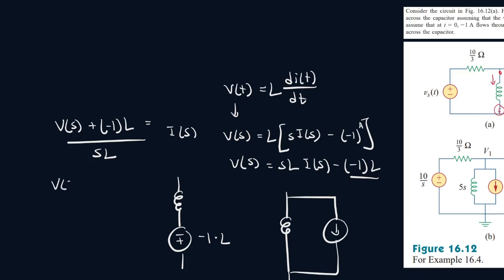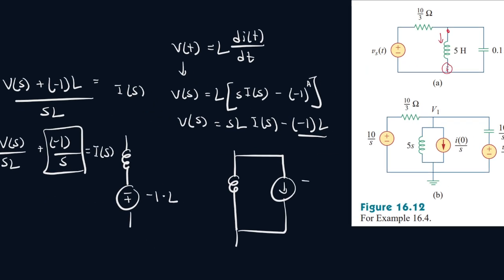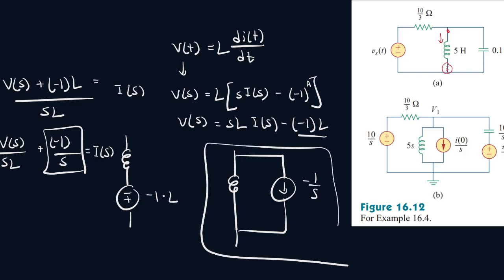So this turns into the following, and this and this cancel out. So we use this value to represent our current source: minus 1 over s. Okay, so this is what we're going to work with. You can choose the voltage source if you want to, but I'm going to choose this one instead.